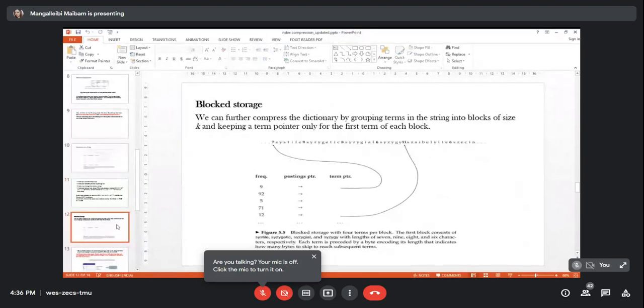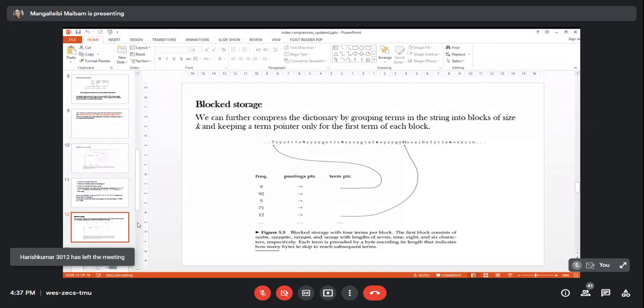Now another scheme is block storage. So all these schemes you remember: first is fixed width, second is dictionary as a string storage, and third is block storage.